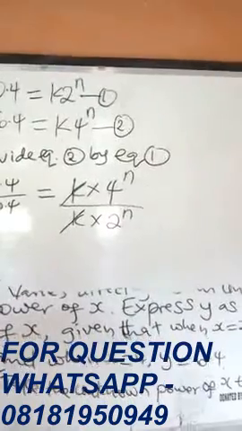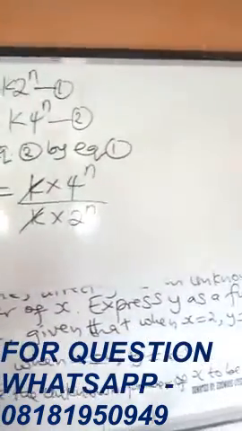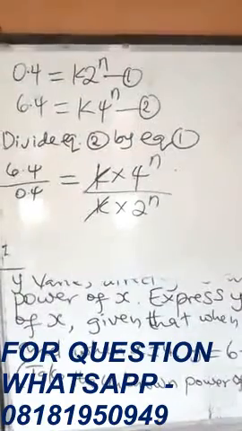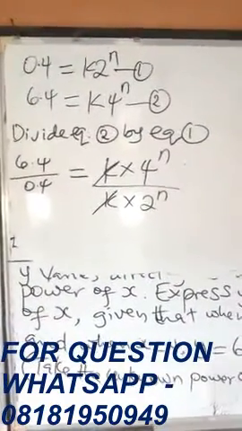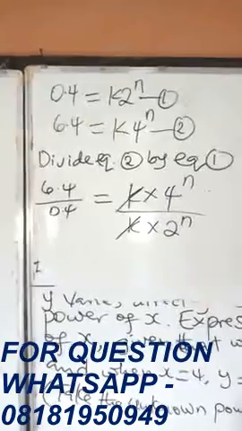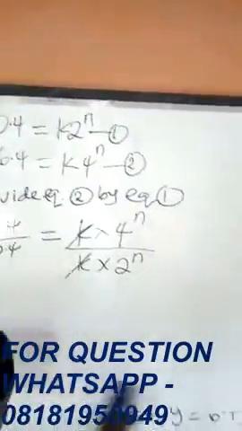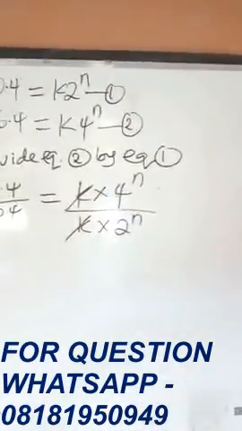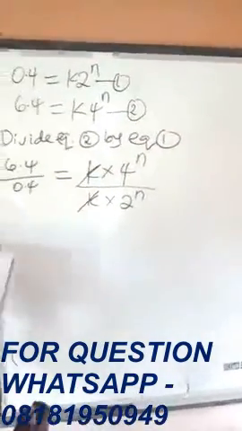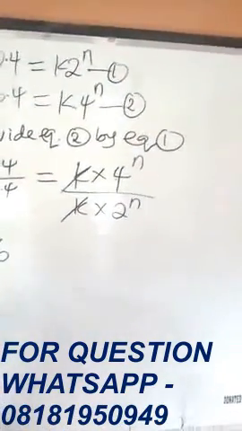Now, 6.4, if you have your calculator there, 6.4 divided by 0.4. You can use your calculator to do that very fast. 6.4 divided by 0.4, you have 16.